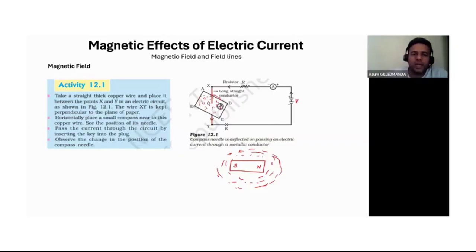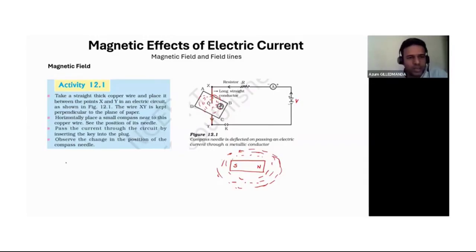That proves that whenever there is a current carrying conductor, surrounding that wire there exists a magnetic field. How did we come to know that? When I place this compass near that wire, I see a deflection. So that's the magnetic effect of electric current.